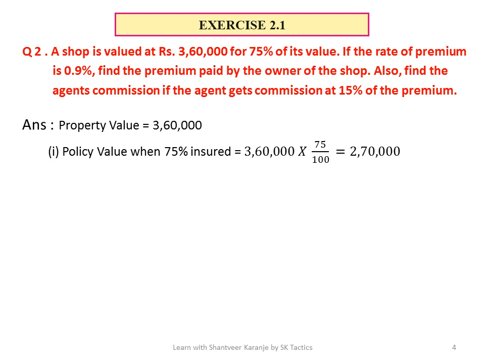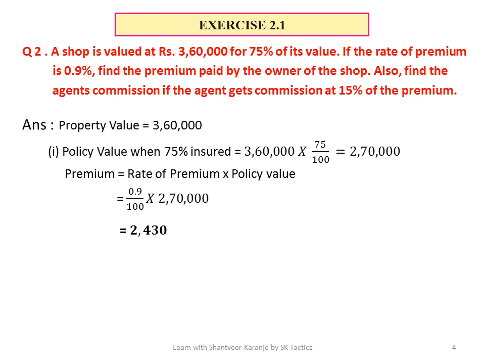So policy value is 2,70,000, on which we calculate premium with the formula premium is equal to rate of premium into policy value, and rate of premium is 0.9%. So 0.9 by 100 into 2,70,000 gives the answer 2,430 rupees.